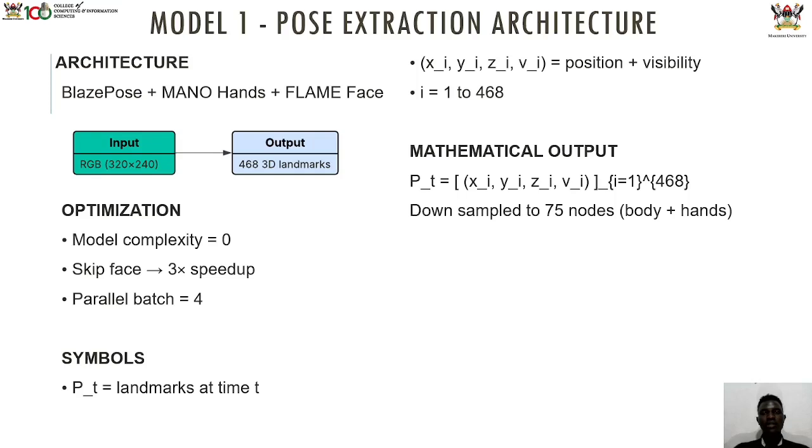So i represents the landmarks detected on the body from 1 to 468. And the mathematical output, we are supposed to get 468 landmarks detected on the body, but ours was downsampled to 75 nodes, which only focuses on the body and the hands.